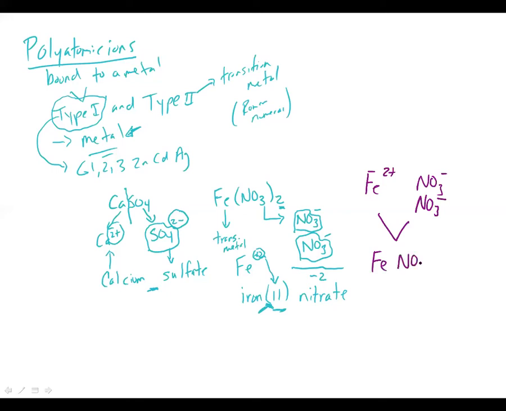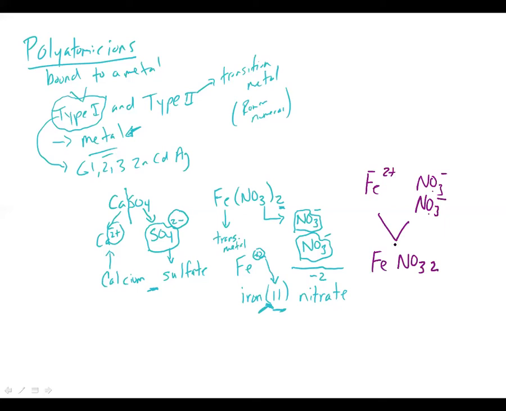and we write the formula, we don't want to write it just like this, right? If you don't put the parentheses there, it implies that you have 1 nitrogen and 32 oxygens, and that's really not what you're trying to do here. What you're really trying to say is, as you can see up here, you have 3 and 3 is 6 oxygens and 2 nitrogens.